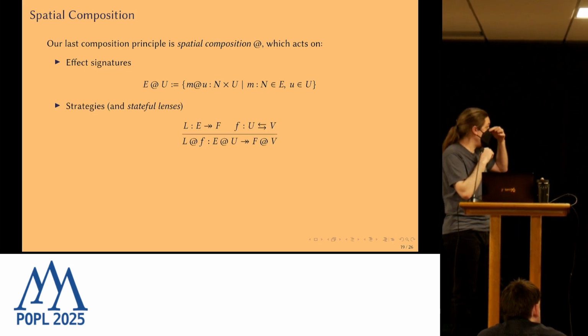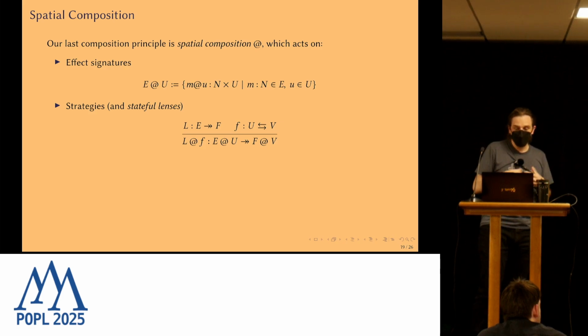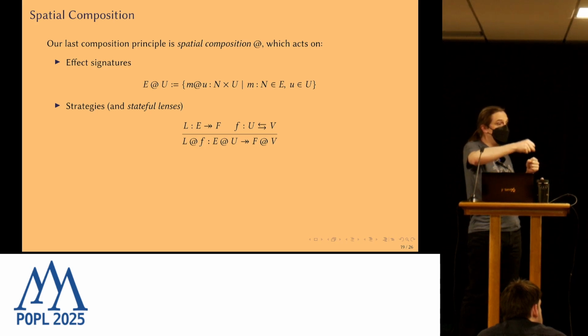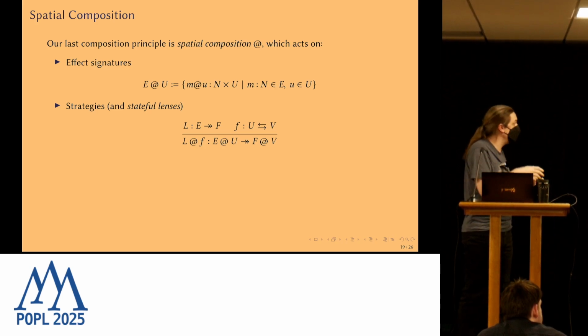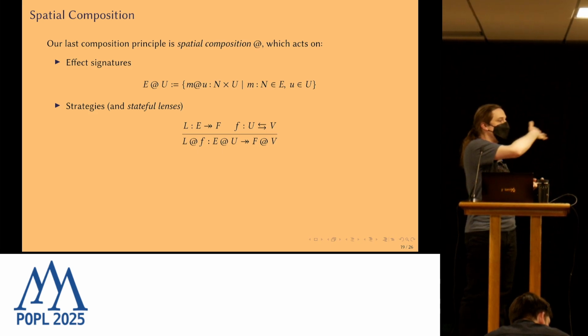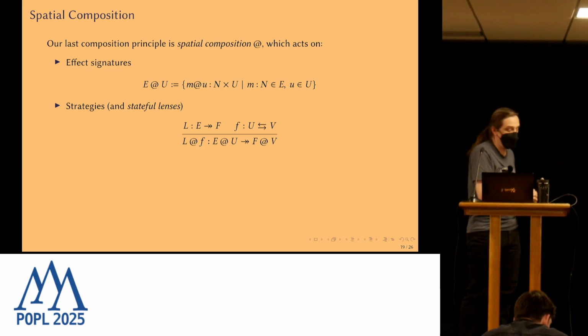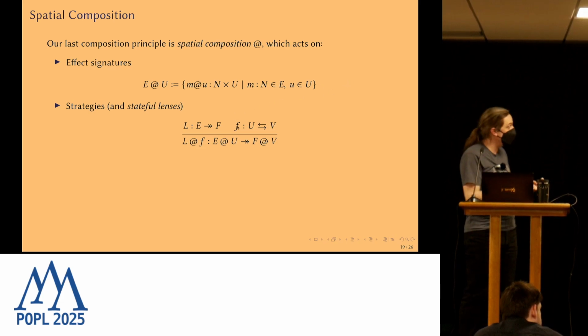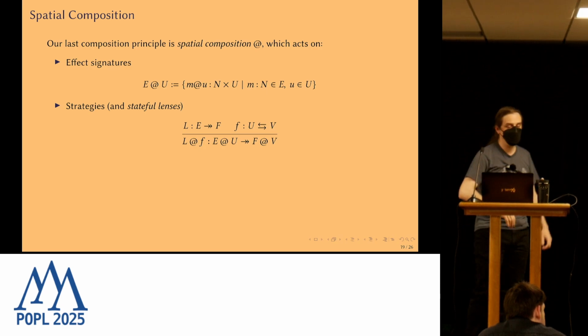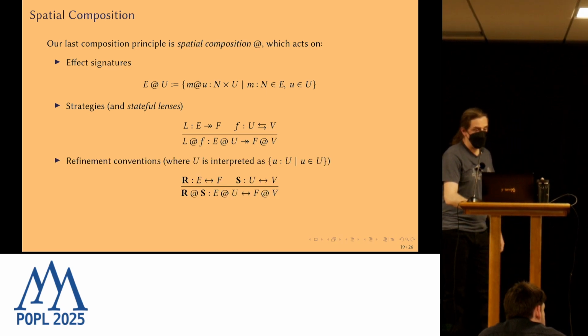Now, strategies, if we have a strategy that goes from E to F, and we extend these signatures with some state, we can let the strategy do its thing and just pass along the state component that we've added. And optionally, we can also add a transformation to the state that acts sort of in parallel with the strategy L, right?